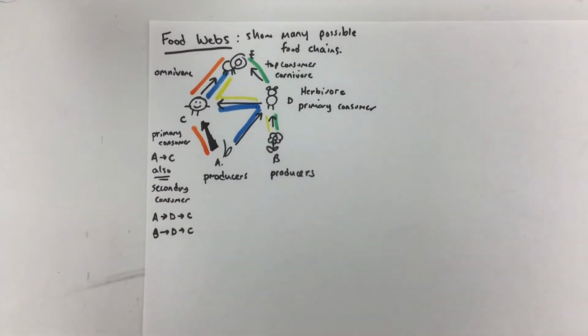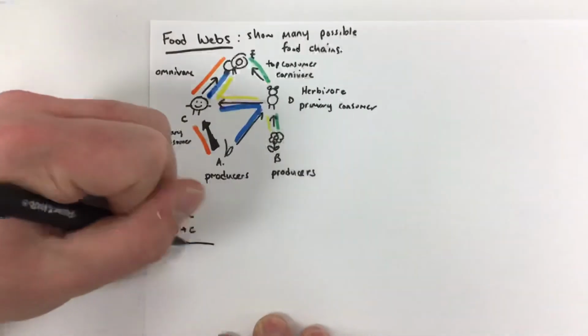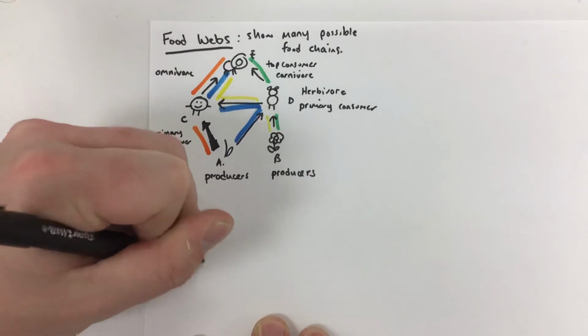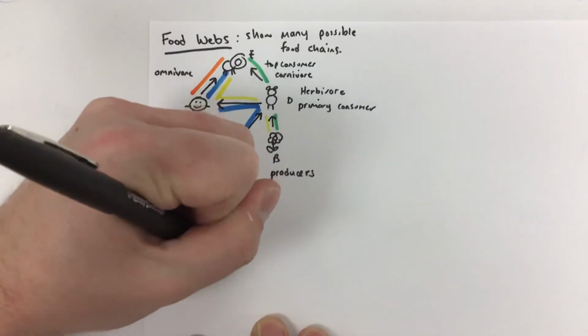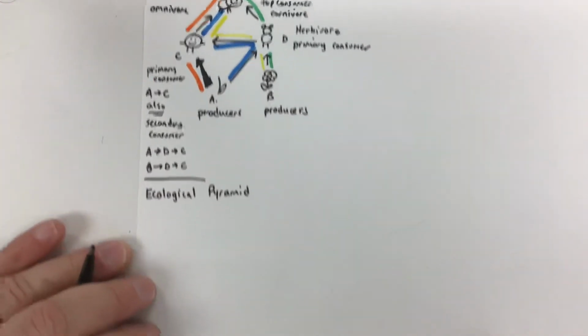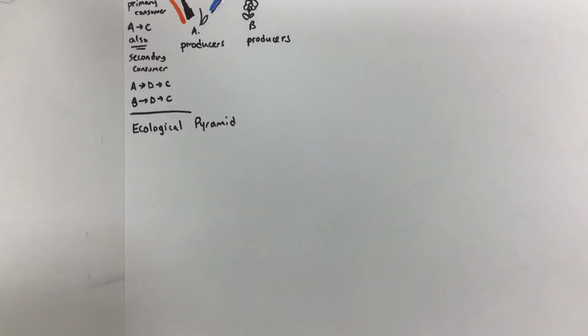Okay, next thing I want to talk about is an ecological pyramid. They're also known as energy pyramids or biomass pyramids or lots of different things.